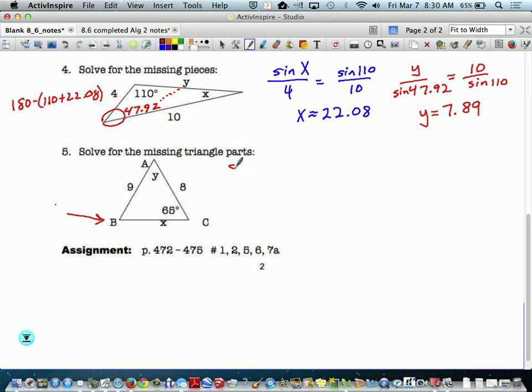So I would have to do the sine of big B. Sine of angle B goes with 8. I know my 9 and 65. So I can go sine of 65 over 9. So on your calculator, take the sine of 65, close it, divide by 9, hit enter.